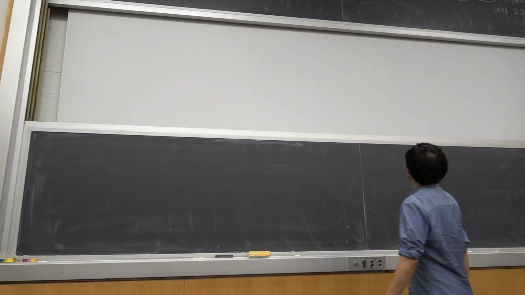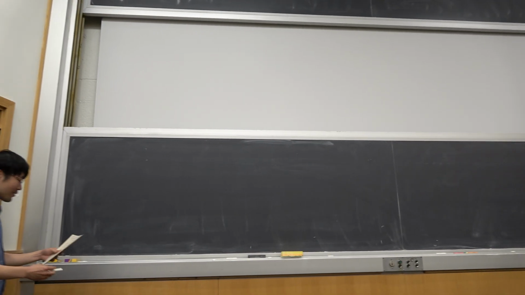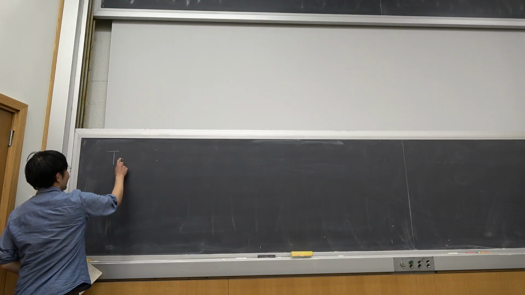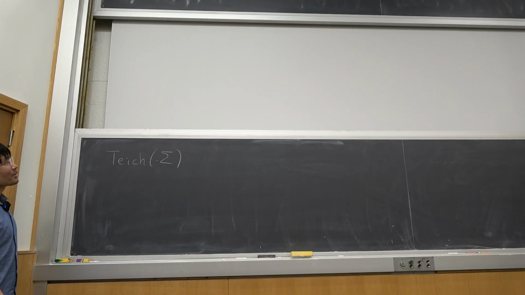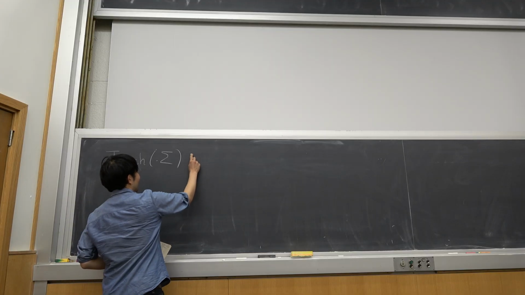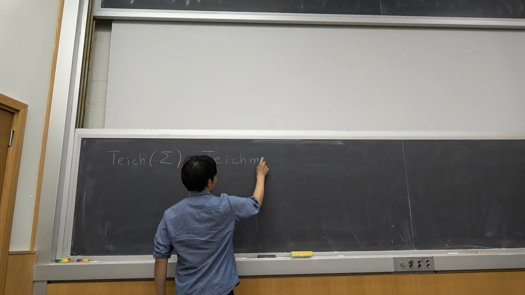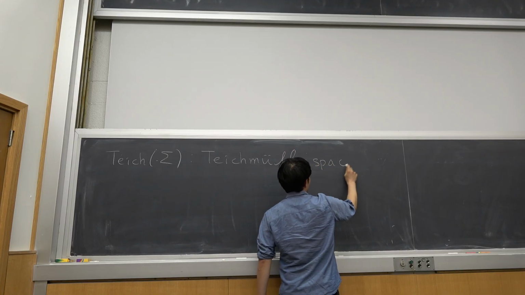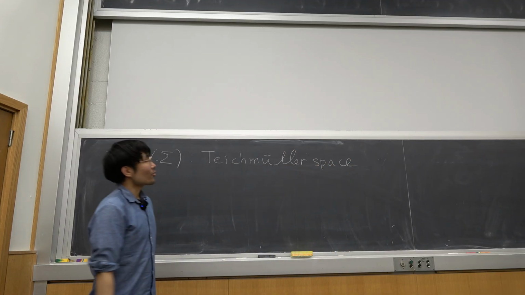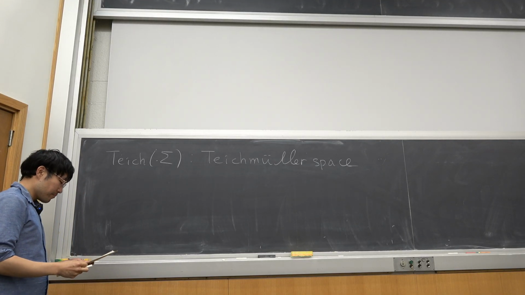And so we have to quantize the Teichmüller space. So let Teich sigma be the Teichmüller space. In fact, let me not really define what this is, because I'm not going to tell you all the details about the quantum Teichmüller theory, but only some results from it.